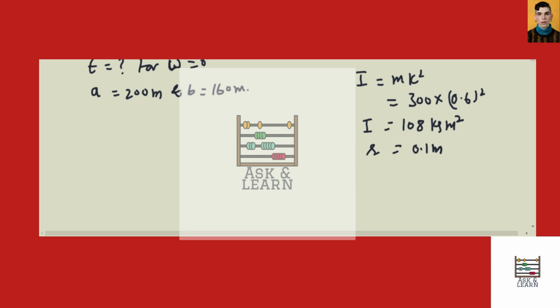Now see the geometrical view of the drum. This is the center, O point. This is T2, this is T1, and I into alpha.